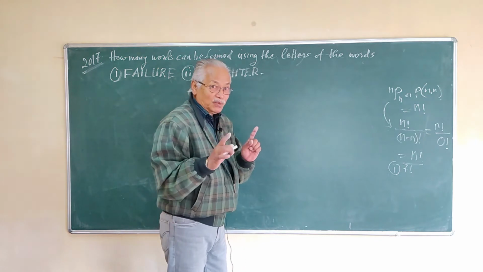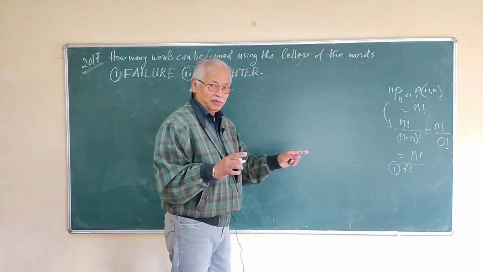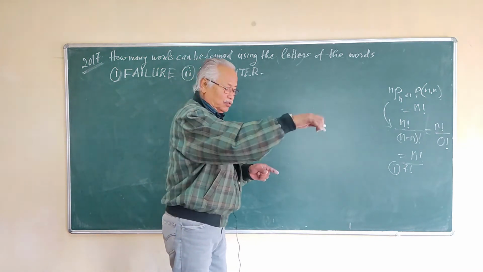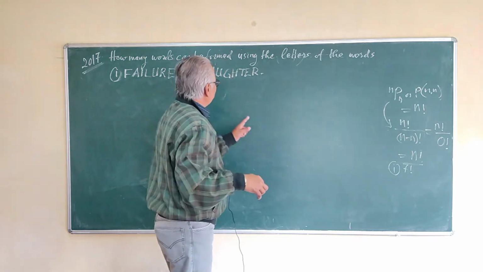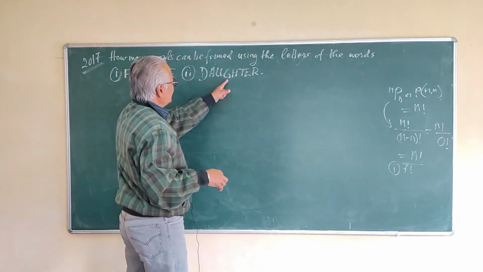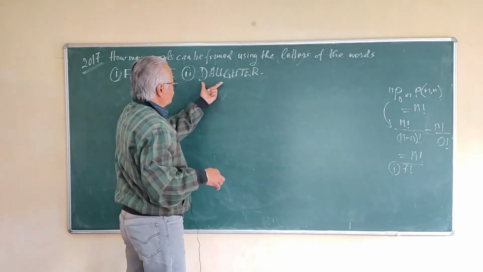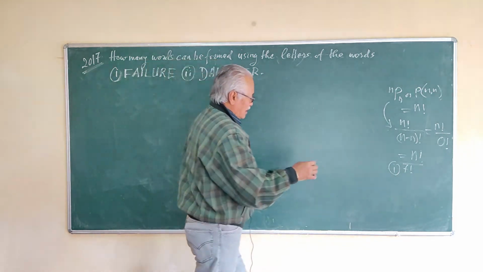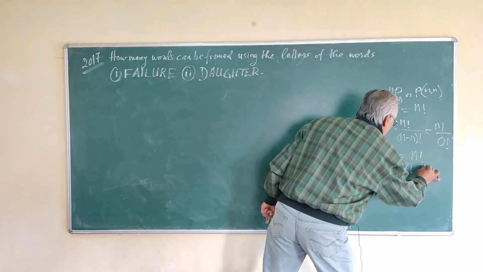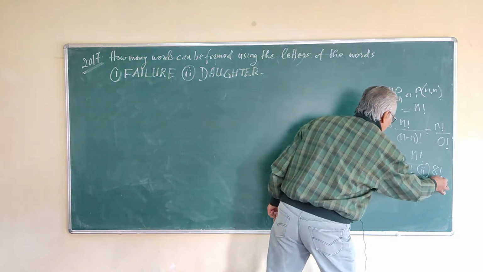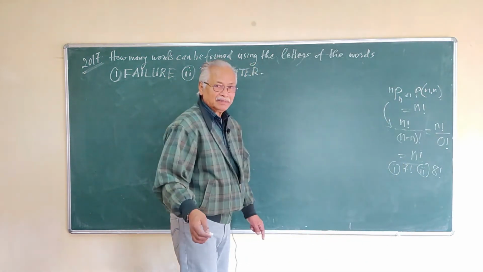It is not 7 words, it is 7 factorial words. That means 1 into 2 into 3 up to 7. And here there are 8 letters, so your answer in 2 will be 8 factorial.